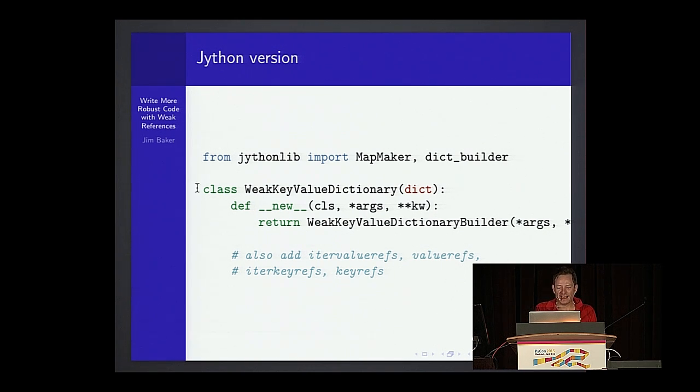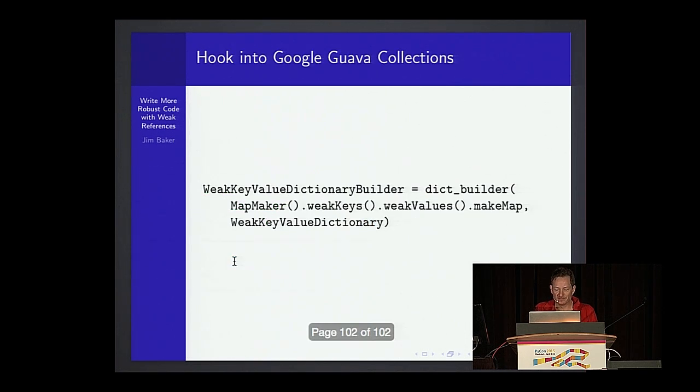And here we have it. We have a weak key value dictionary. Its subclass is dict, so we can get its capabilities. We use a builder. Oh gosh, I didn't check this one piece, but it really is just args and keyword args. For completeness, you just need to add these methods, but those are trivial.